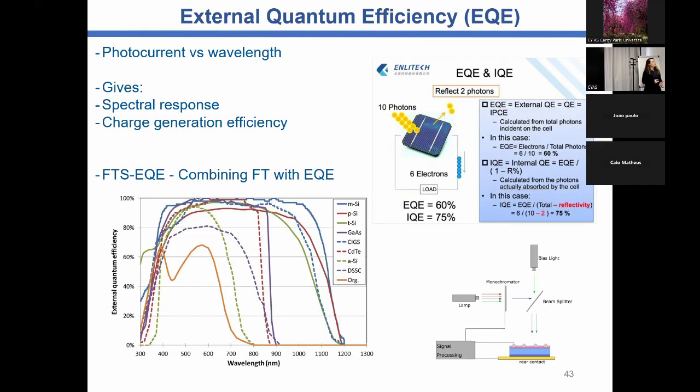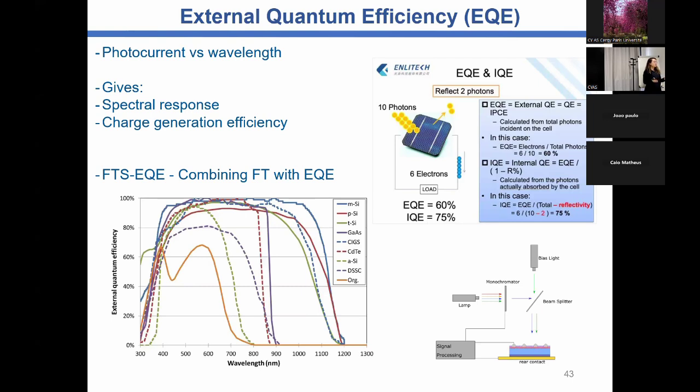So it's the photocurrent related to the wavelength of the energy that is exciting the device. So it gives these spectra, but in terms of charge generation. So we can think that it's one way to combine optical properties with charge.